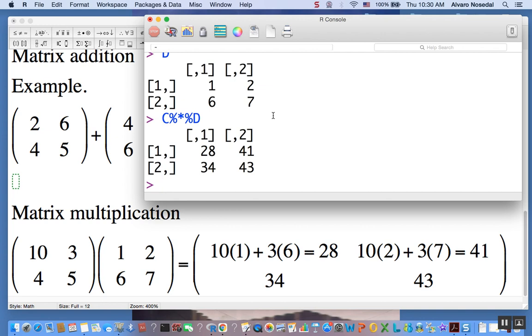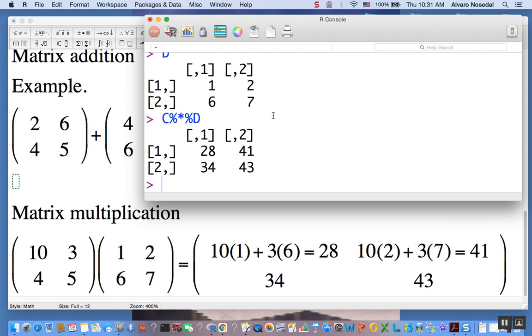As I was saying, sometimes one of these products doesn't exist. In this case, we could find C times D, but in some cases D times C is not going to exist because the matrices may not have the right dimensions. So that's my next comment. Matrices can be multiplied if and only if they are conformable. Remember that fancy word? That is, the number of columns of the pre-multiplication matrix equals the number of rows of the post-multiplication matrix.